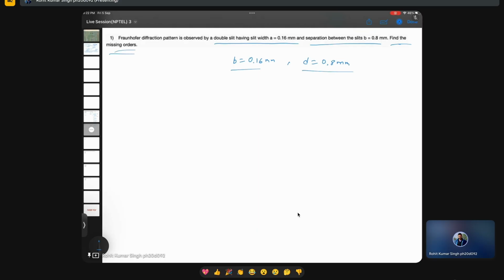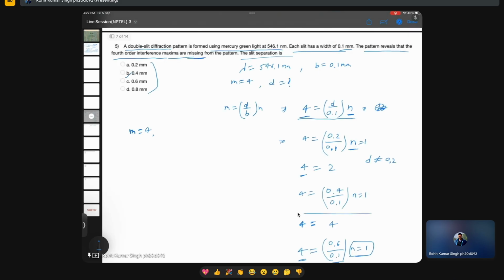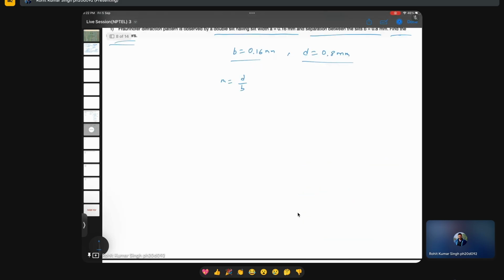So what is our criteria? m equal to D by B times n, right? Now D by B is what? 0.8 divided by 0.16, so it will be 5. So m equal to 5n. This is now our condition.